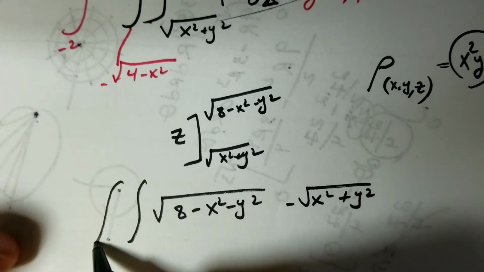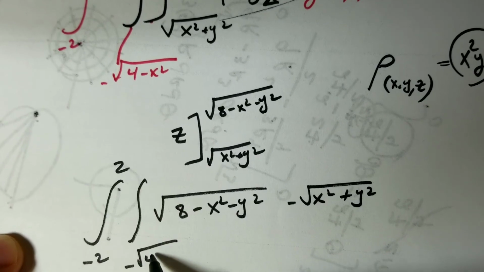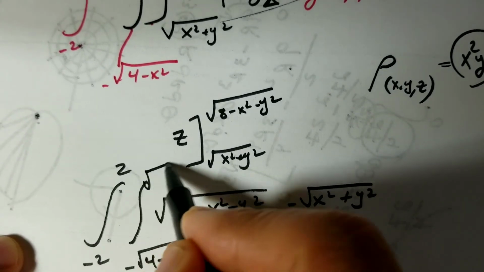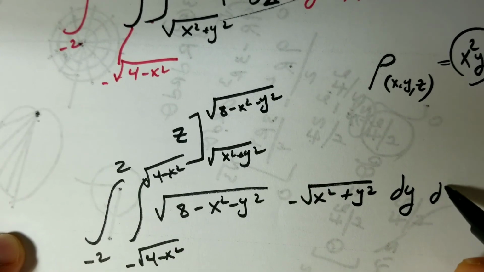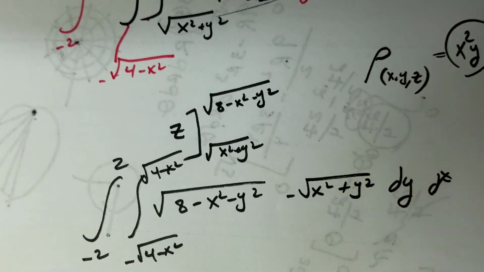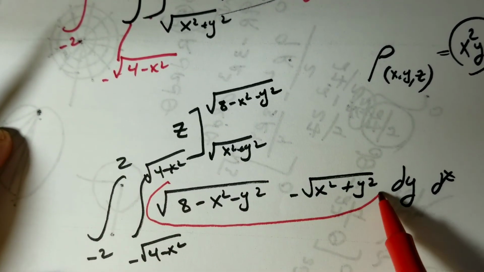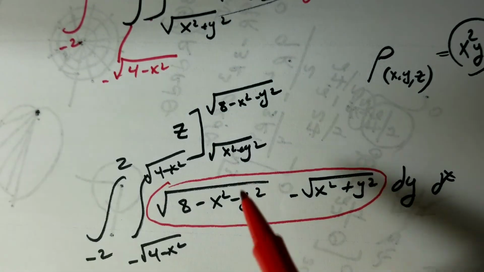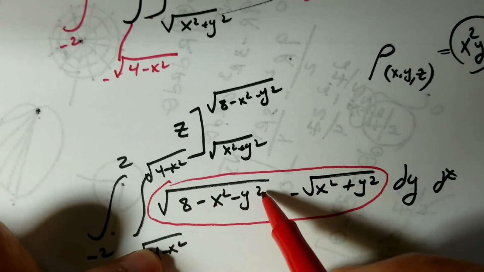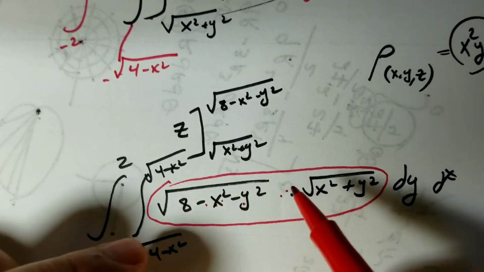Now, I'm going to do my region. And this is my dy, this is dx. You know what? There is no way I can integrate that, because your inside function has x squared plus y squared and I need an x outside, or at least a y outside.